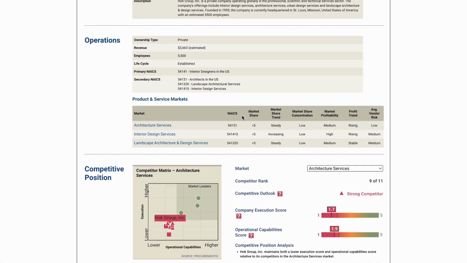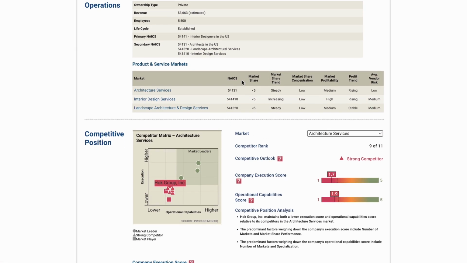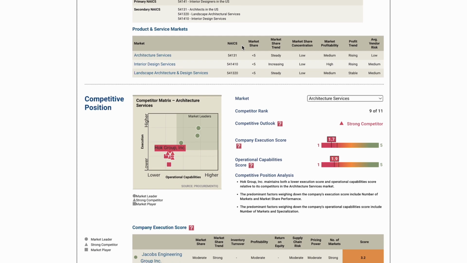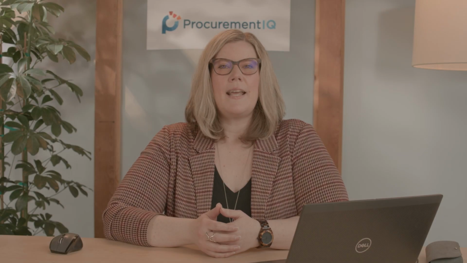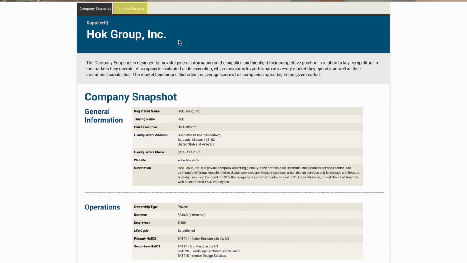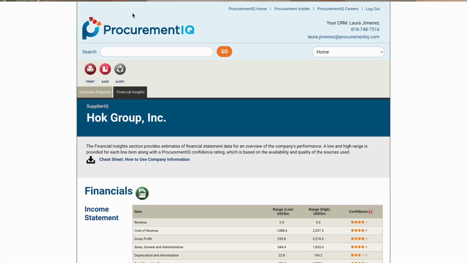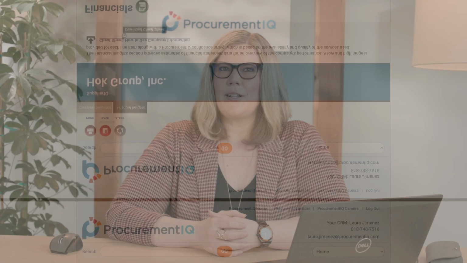They support other categories and subcategories, which opens the door when you're negotiating to have a conversation about bundling services to achieve cost savings, as well as some of the other areas that they're operating within that'll have an effect on their operations. One of the most helpful parts of this is the cheat sheet. Not everyone can be a financial expert, and if you really want to understand something that you saw within the profile, you can use the cheat sheet to understand what those terms mean and how they apply.